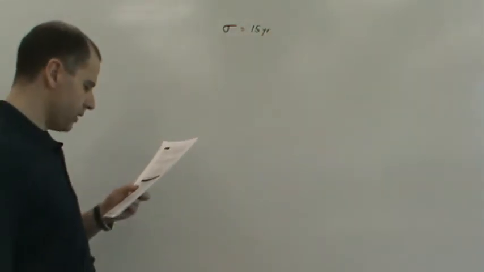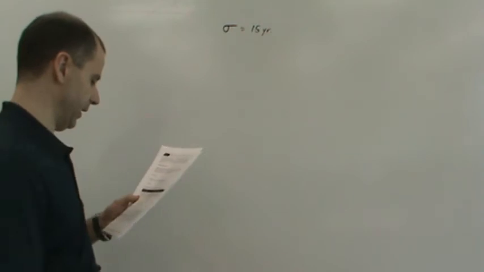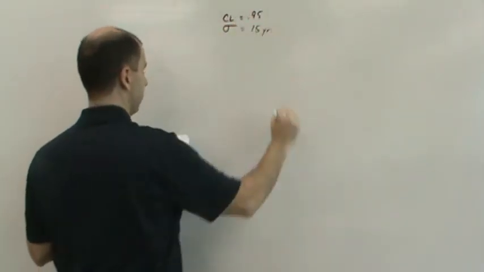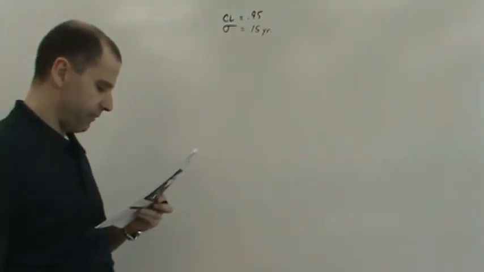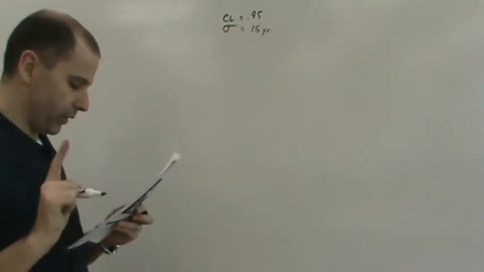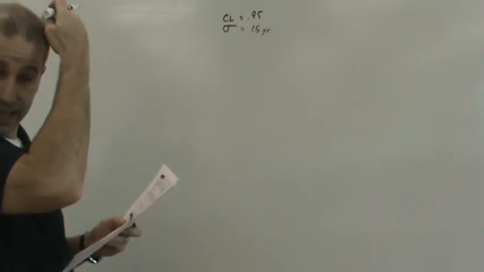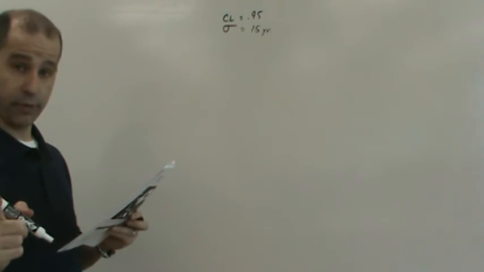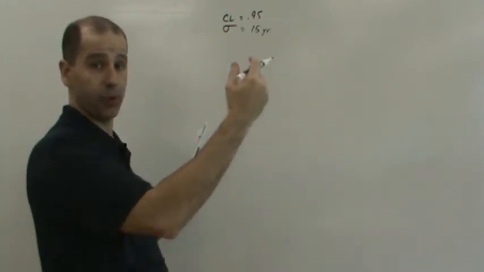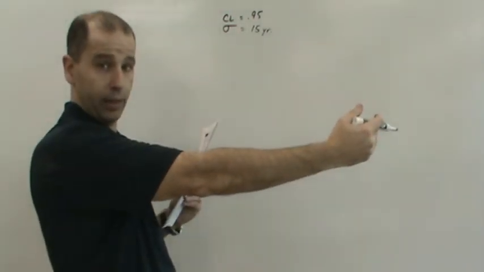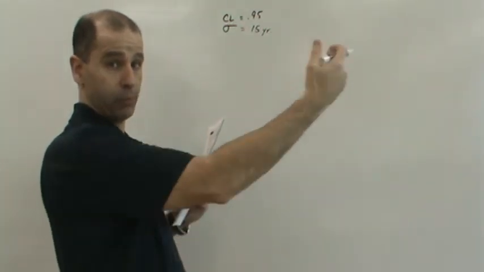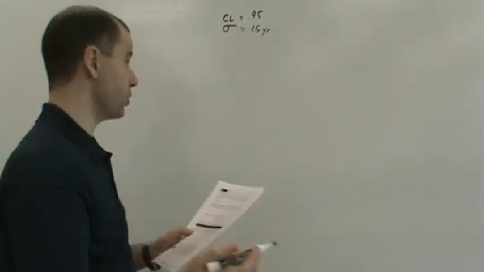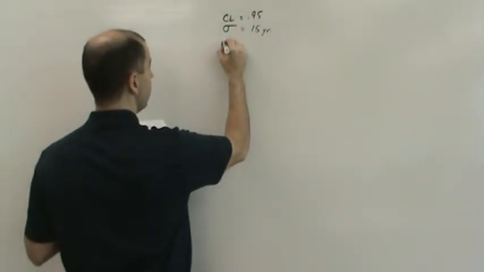Now, if we want to be 95% confident, there's our confidence level, that the sample mean is within, there's the key word, within 2 years, okay? So that means the margin of error is 2 years. We don't want to be any further from the sample mean than 2 years. So we don't want to be any more than 2 years below or 2 years above. So that's the margin of error. The margin of error is 2 years.